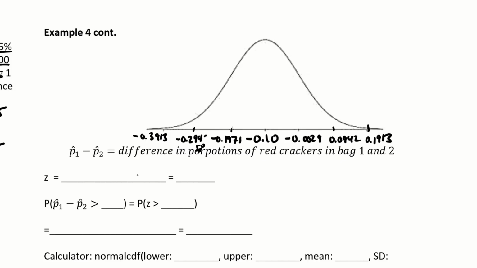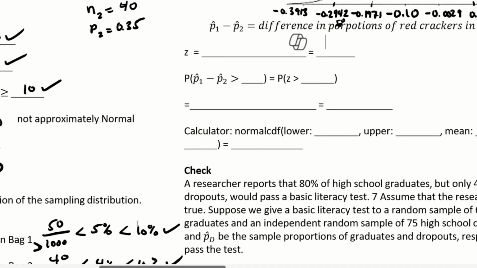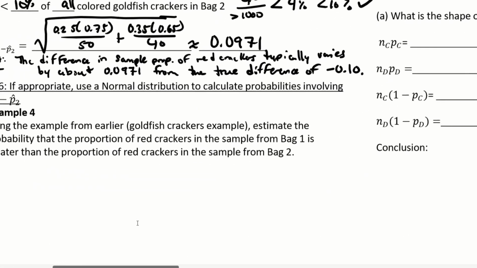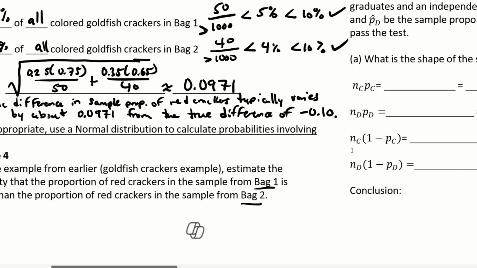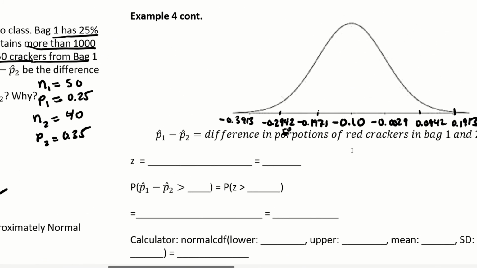So the p hat 1 minus p hat 2. We want to see if we go back to the original problem. It says we want the proportion of red crackers in bag 1 to be greater than for bag 2. So let's interpret what that means. We want p hat 1 to be greater than p hat 2, right?